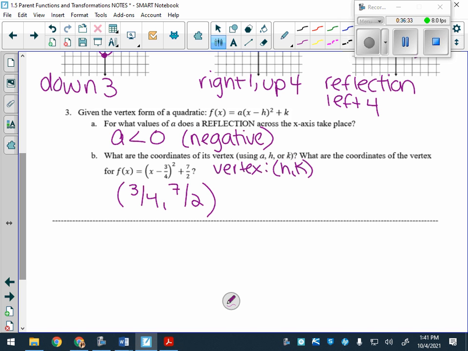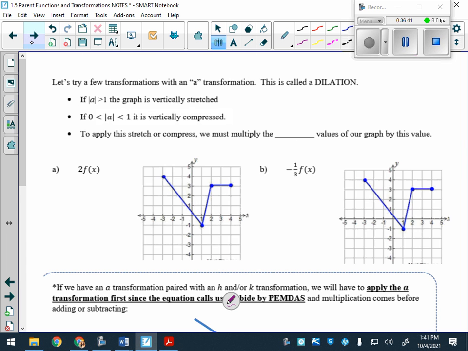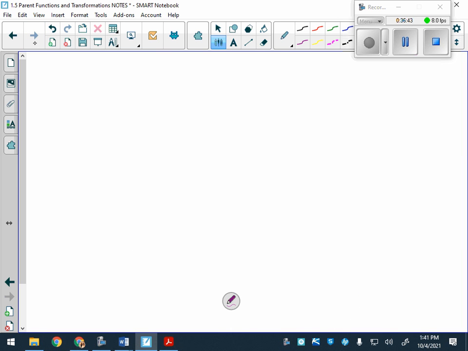All right, so on your practice, I do have a helpful hint sheet that you can keep in your notebook. But if you turn to page 11, in your packet. Okay, page 11 and 12.